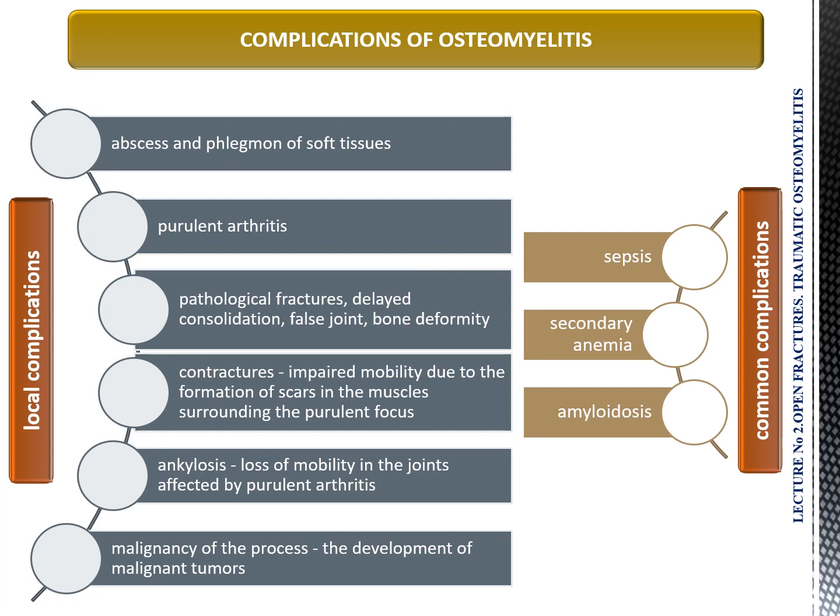Therefore, pathological fractures are one of the complications of osteomyelitis. Then there is the development of false joints, when a fracture does not fuse, and the final result may be a false joint. A fused fracture may have a deformation, and in the end we will have a bone deformity and, as a result, impaired function.